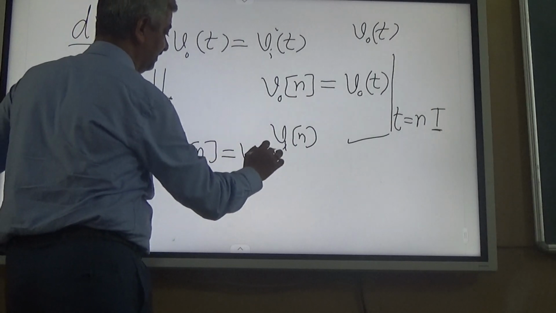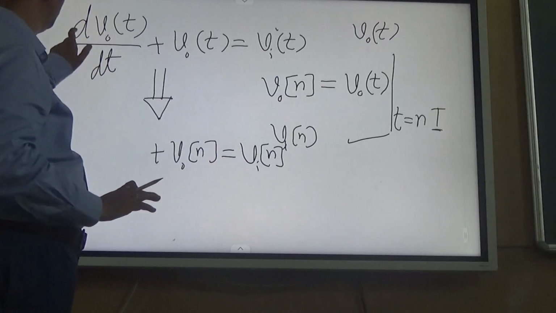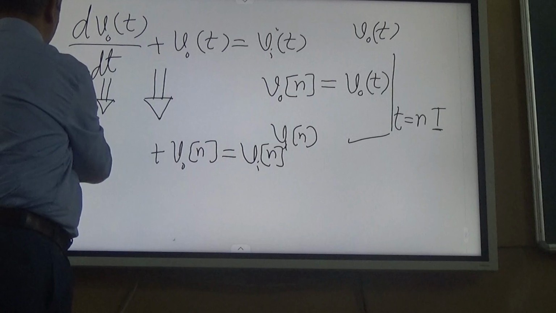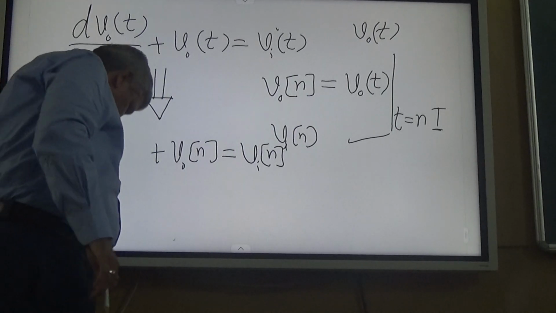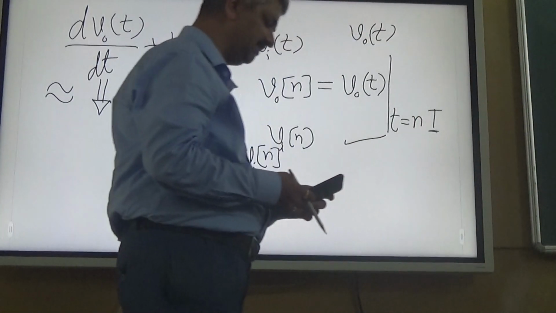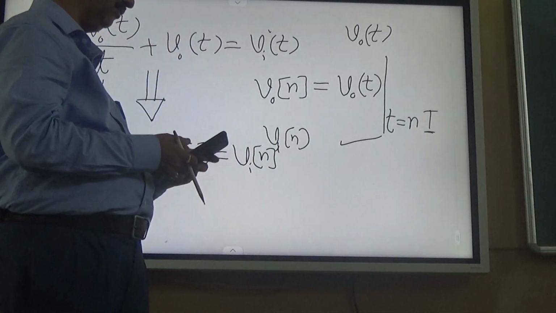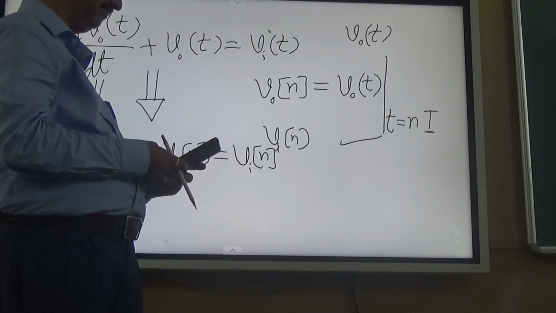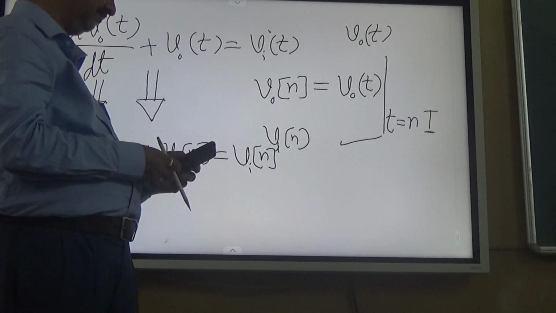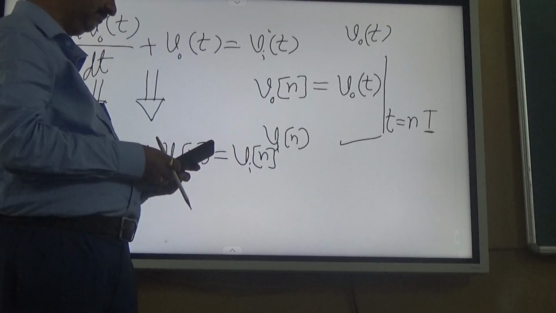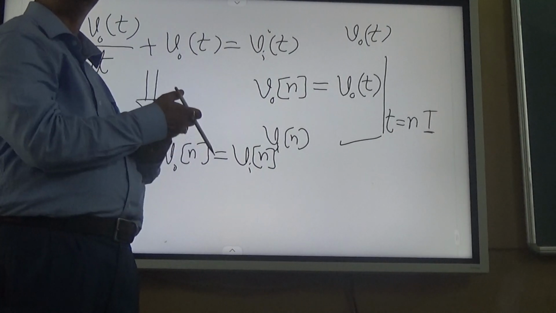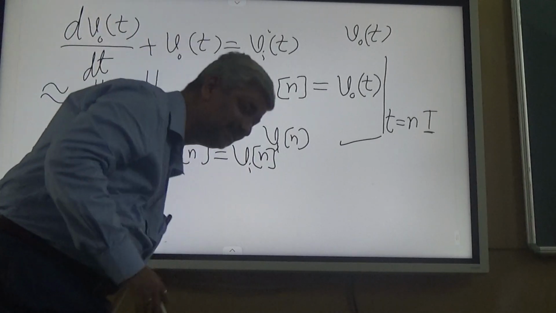V in n directly. What is this? This you write approximately equal to what? I think in some video this must have been there. I don't know whether you have gone through or skipped. What would it be? Can you write down what is dV?